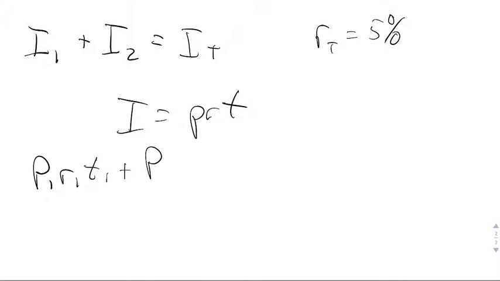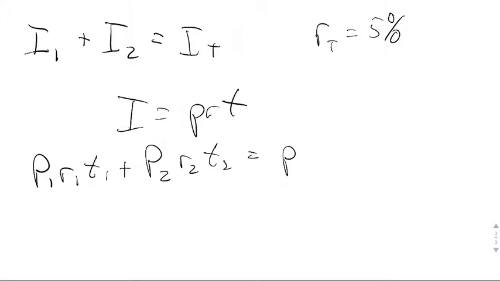And then the principal for the second account, the rate of the second account, and the time for the second account should equal the total interest. All right. So instead of interest total, let's do this as total principal, the total rate, and the total time.